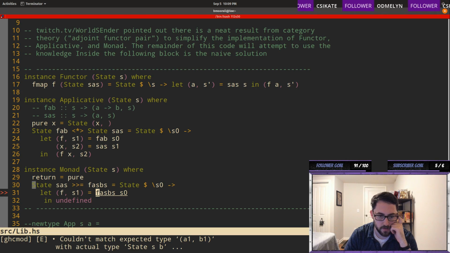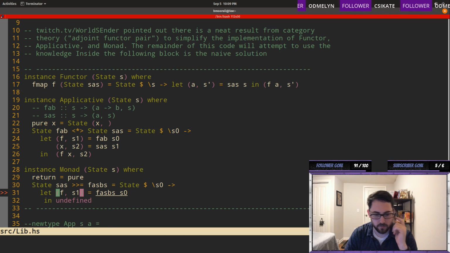So this is going to take an S and make a new state.